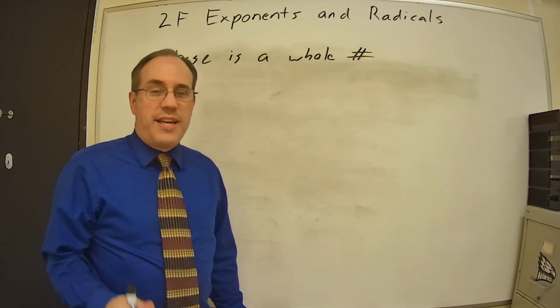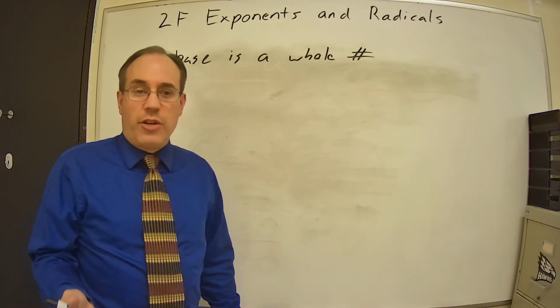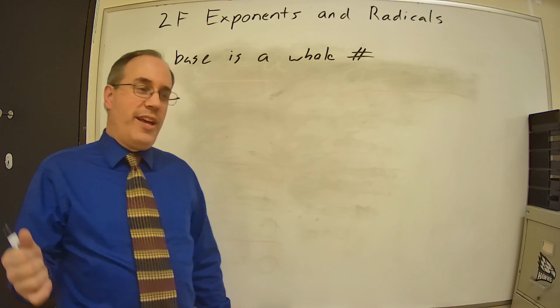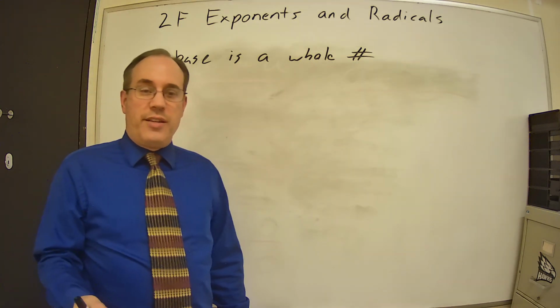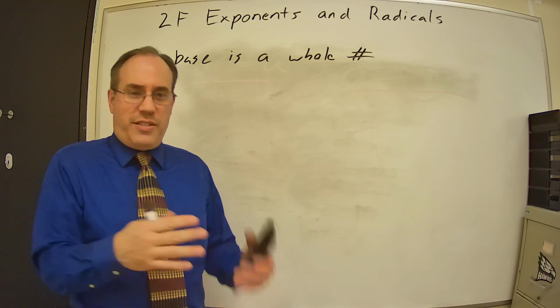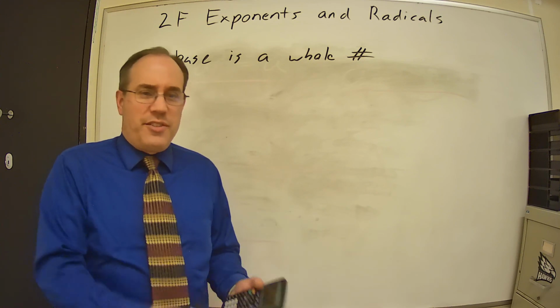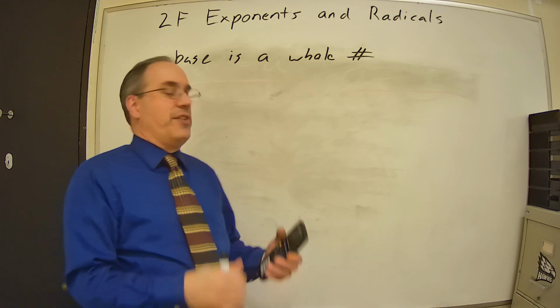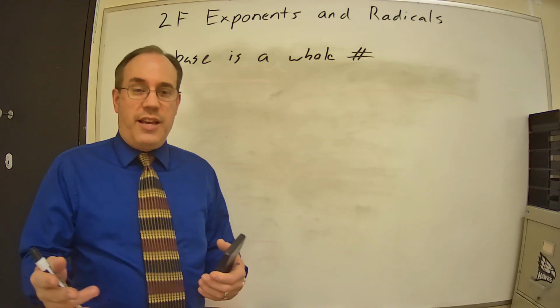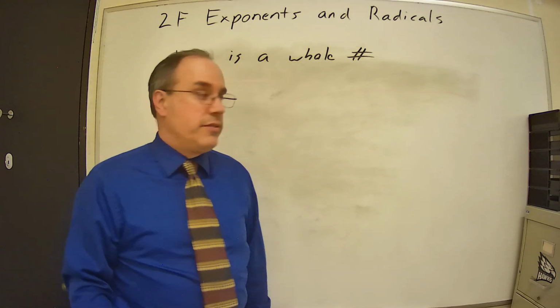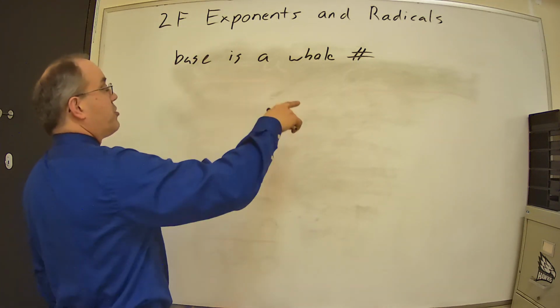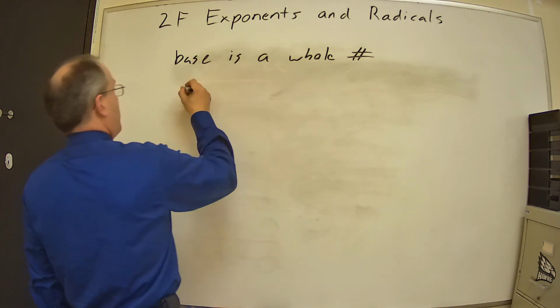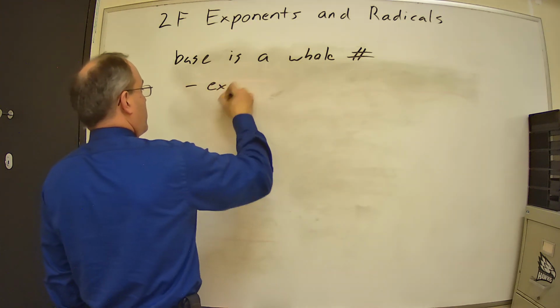And I should really say that it's a whole number greater than 1, because we know that if the base is 0, 0 raised to any number is going to give you 0. If it's 1, 1 raised to any number is going to give you 1.